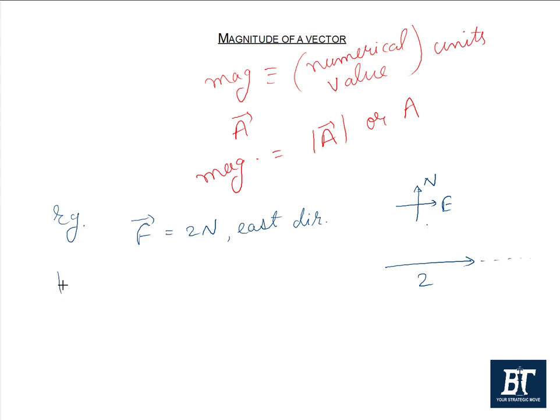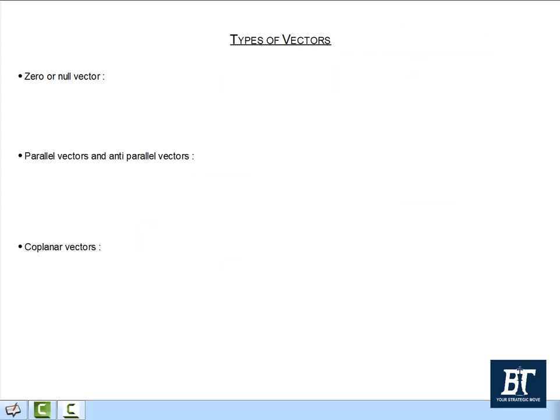If the magnitude of this force is also asked, then magnitude is denoted by mod F or simply F, and magnitude will be nothing but its numerical value with its unit. So the magnitude of this force is equal to 2 Newton.